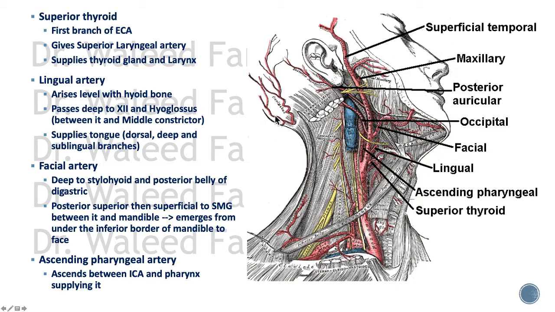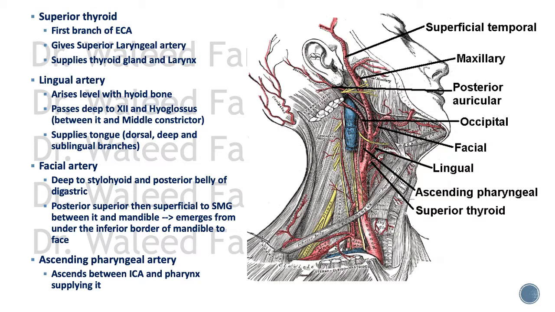Let's study the branches. First branch is the superior thyroid artery, and as we studied in the last lecture with the blood supply of the thyroid, you saw how it goes down, and near the apex of the lateral lobe of the thyroid, it divides into two major branches, and it's accompanied by the external laryngeal nerve, and we talked about that.